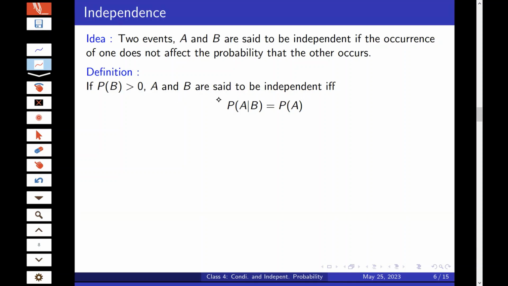If A and B are independent, then this is true; if this is true, then they should be independent. That's why we are using if and only if.